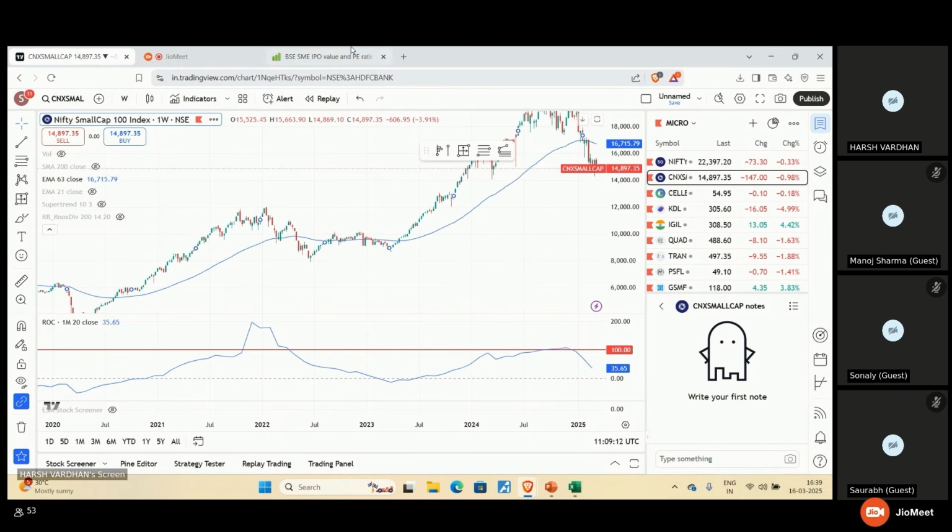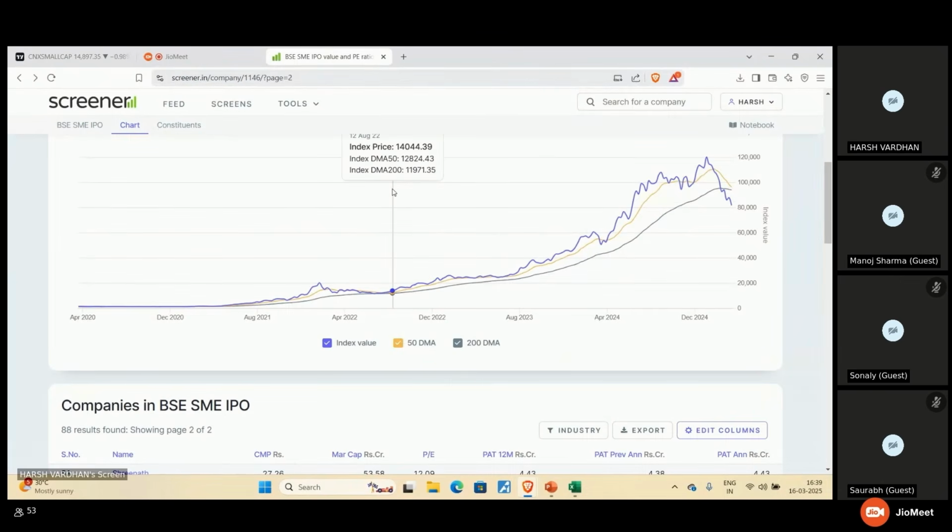Whenever the market is near a bottom or selling is not going on, the IPOs will perform well. The market is not in panic, and investors are not losing money every day. So when that accumulation phase is going on, the SME IPOs also start performing.